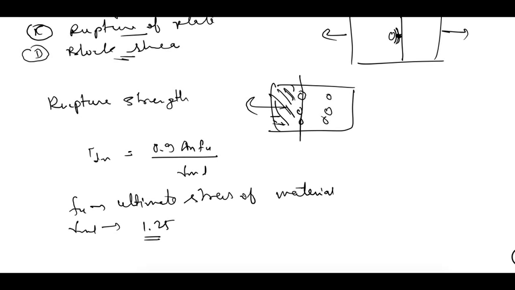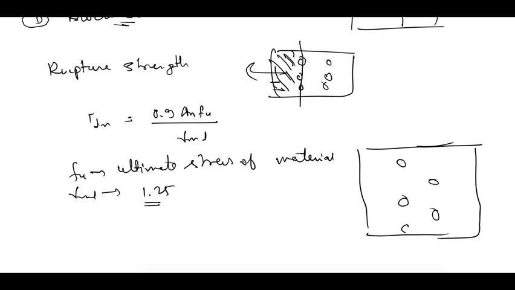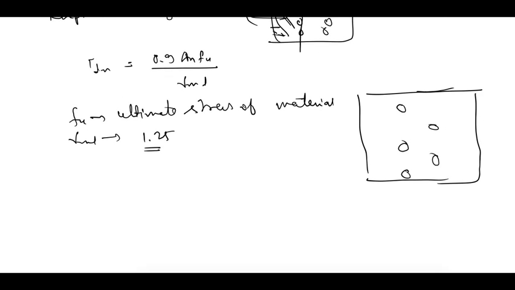The only thing remaining is the net effective area. If we have used staggered pitch, then how can we write the net effective area? So in that case, this is p_s and this here would be g, that is the gauge distance.